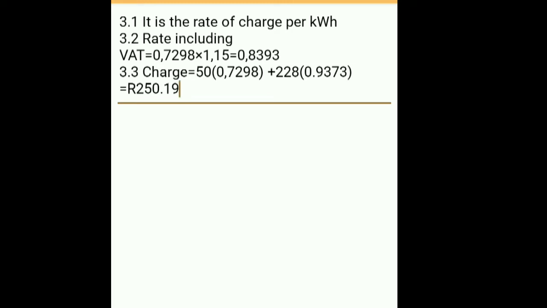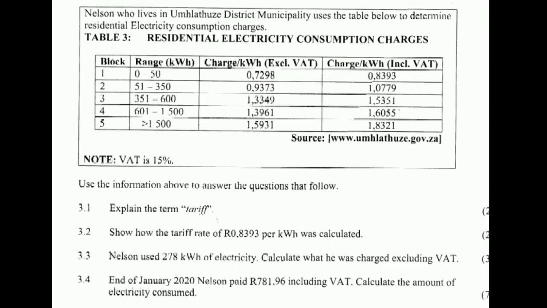So how did we get to this answer? This is the tricky part. We focus on block 1. We took the 50 there. Why did we take the 50? Because Nelson used 278 kilowatts of electricity. That simply means he already surpassed 50 kilowatts. So the charge for 50 kilowatts is 0.7298. We said 50 multiplied by 0.7298, in this case we used brackets.